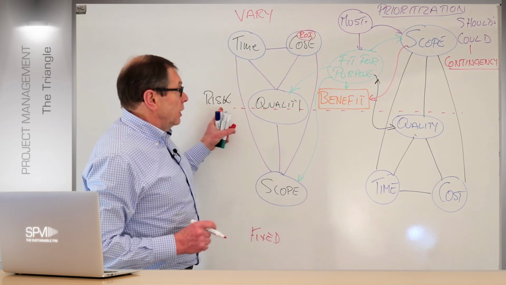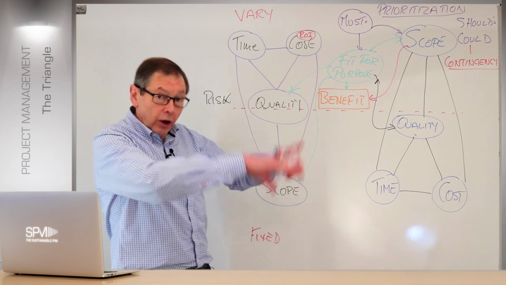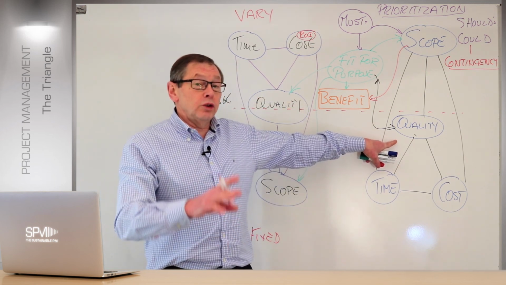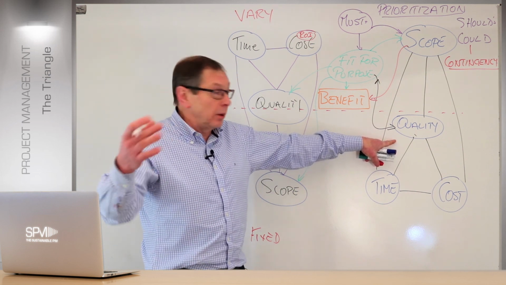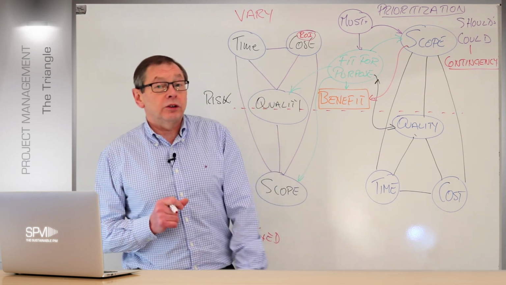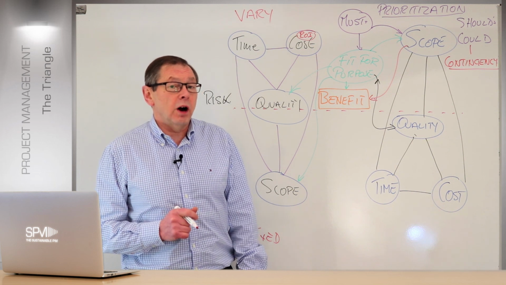We've still got a risk, but in a different format because we may have a risk of understanding and making sure we're prioritizing right, but the other risks are still there. We ensure the quality of the fit for purpose solution because we're delivering what we must do, minimum at least, but the most we should be coming backwards, and we can lock in time and costs. Time because we need to deliver on time in most cases, and cost because again of the ROI impact.